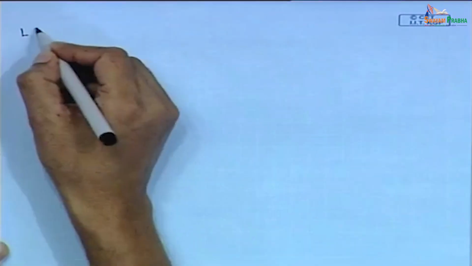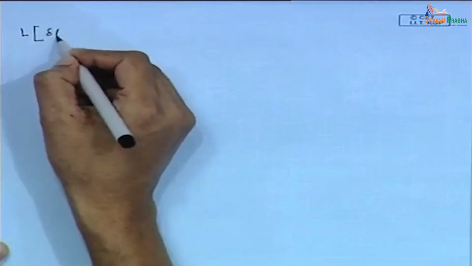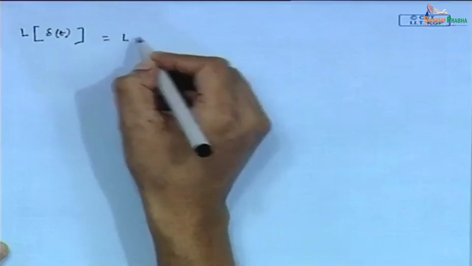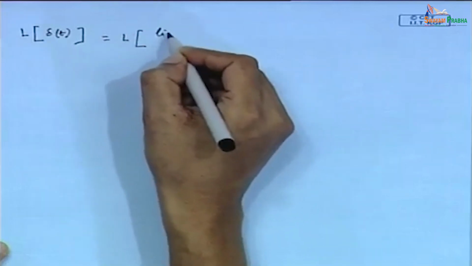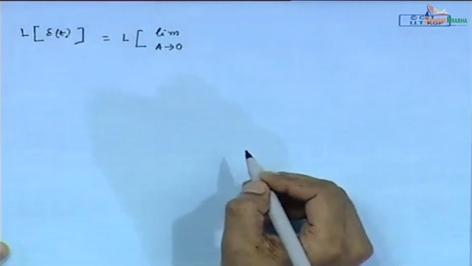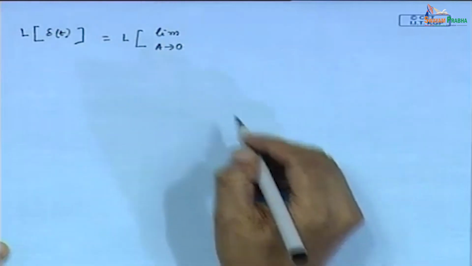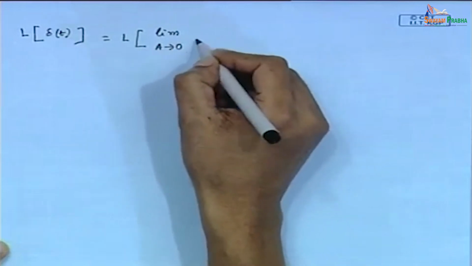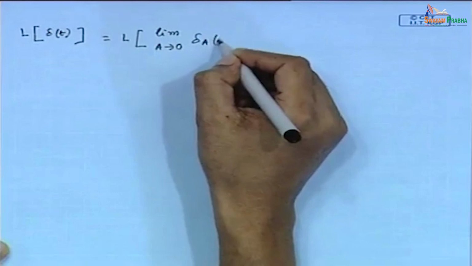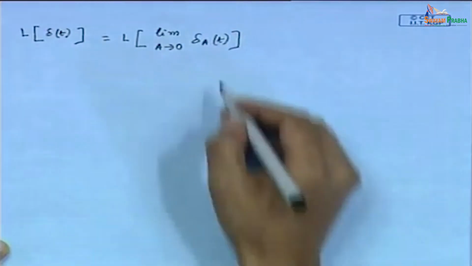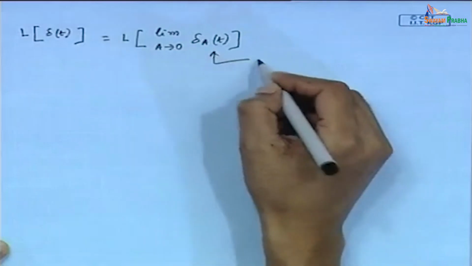The Laplace transform of del t is equal to the Laplace transform of the unit pulse function, if we consider limit a tends to 0. So, this is the unit pulse function.